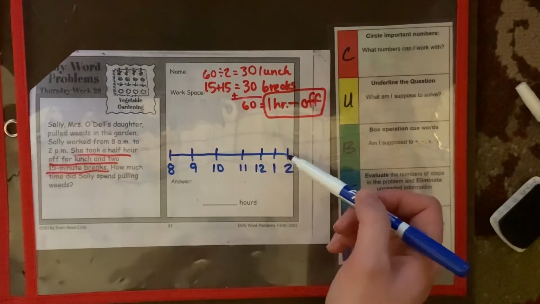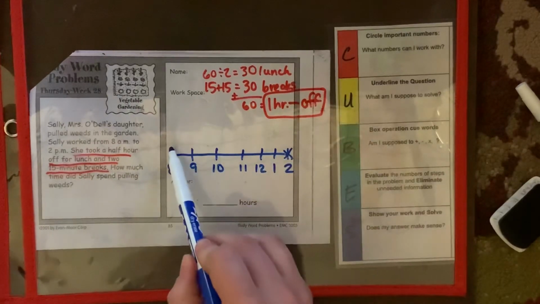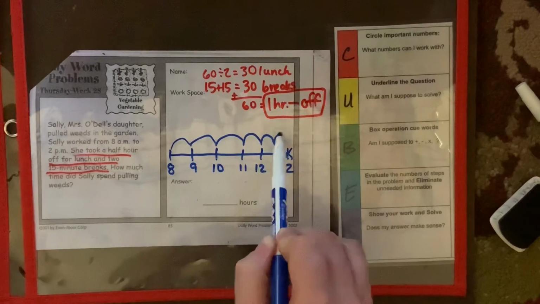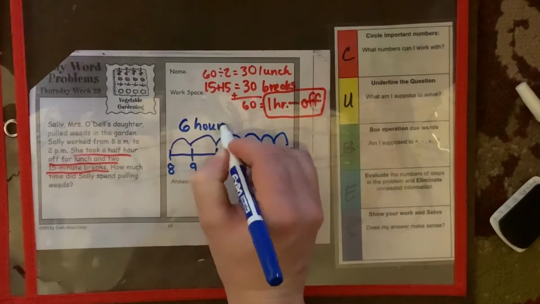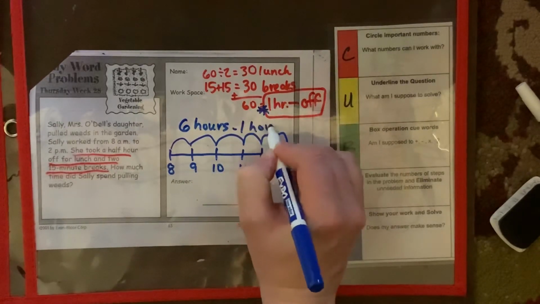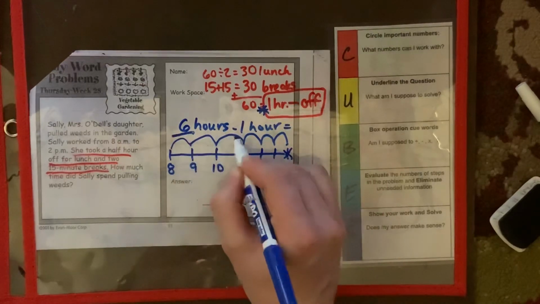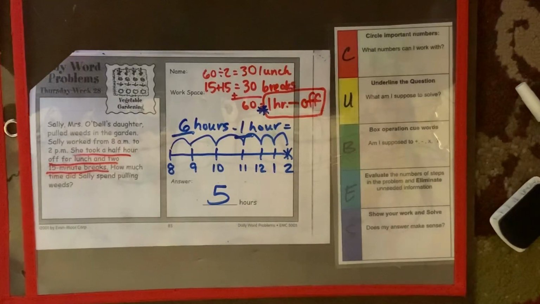She didn't work the 2 o'clock hour, she stopped at 2. Okay, so she worked 1, 2, 3, 4, 5, 6 hours. But we have to take off her 1 hour of break. So 6 minus 1 equals her working for 5 hours pulling weeds. There you go.